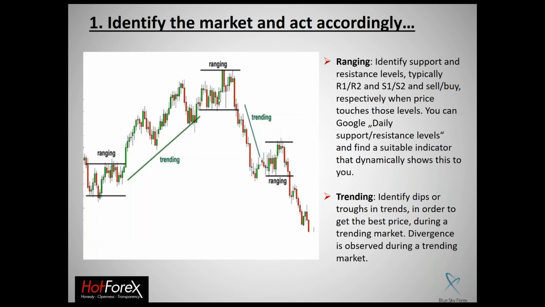You'll then have a ranging market again, the price movement exhausted, and eventually faced a reversal. So you can see a significant trend forming here again after the reversal, and so on. You get the idea what is a ranging and what is a trending market.